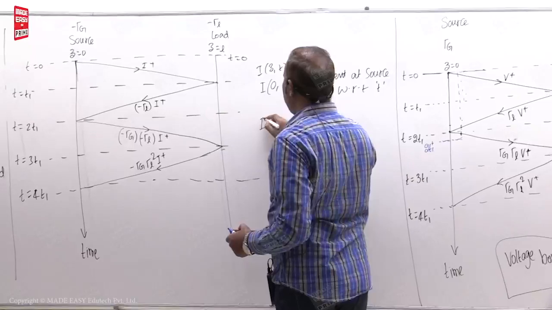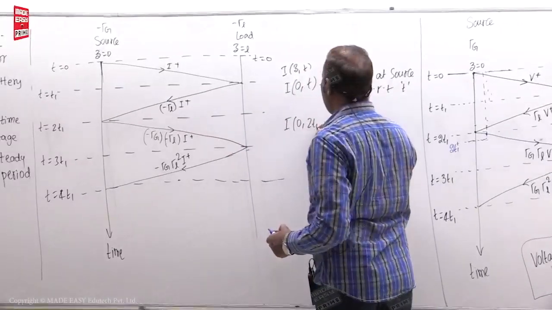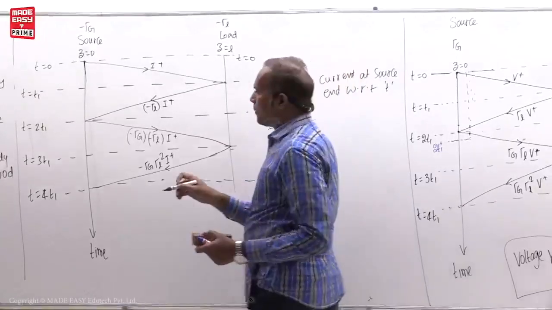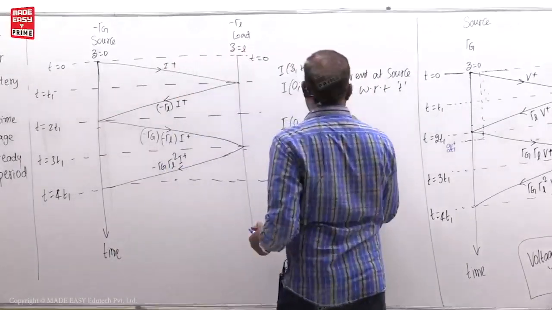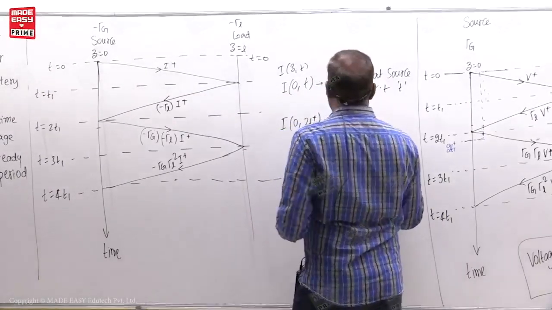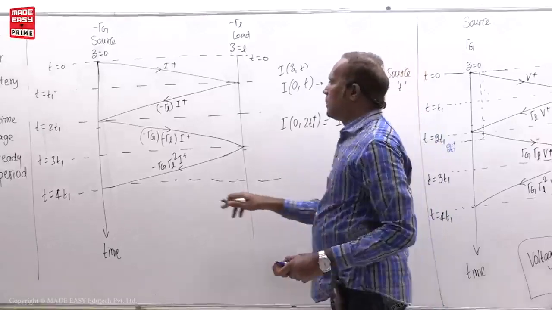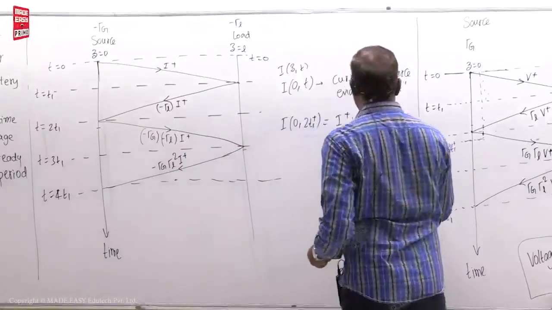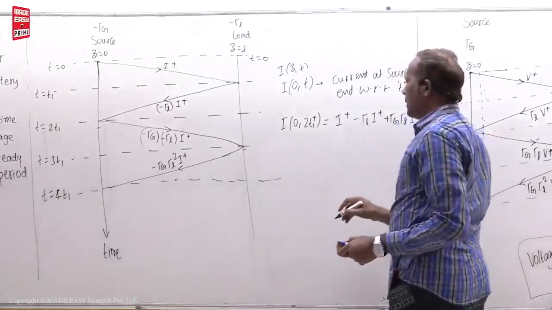So for example, I of 0 comma T1 plus means this time. Here I plus is there, total current, and minus gamma L I plus. Then this one is also there, that is gamma G gamma L I plus.